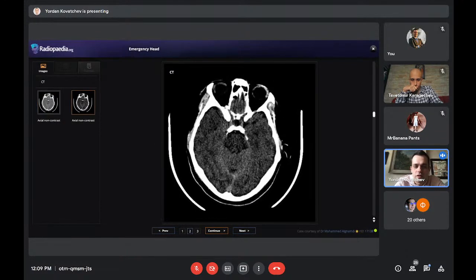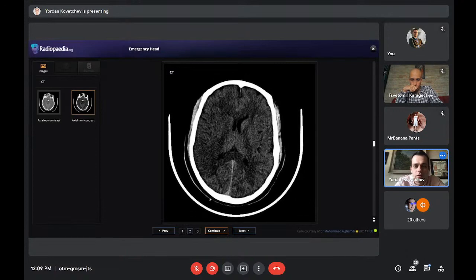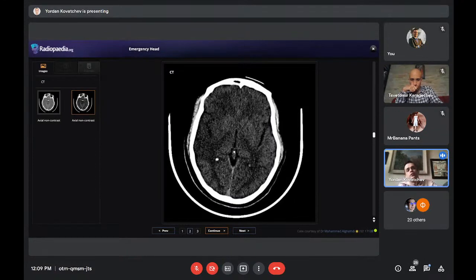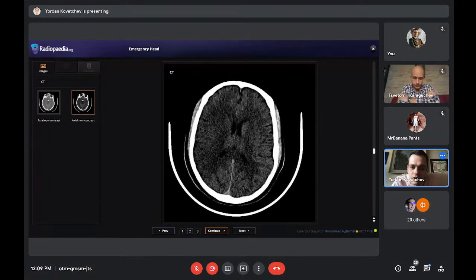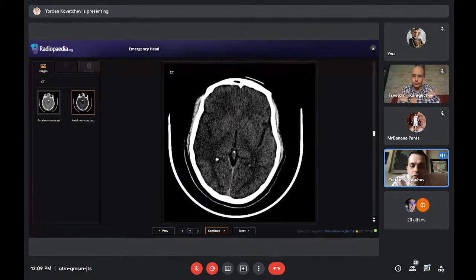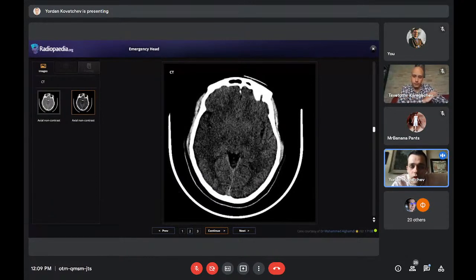So I change the settings in a way to accentuate the difference between gray and white matter. Because as I said, it's really a key concept that I want you to take out of this workshop, the gray-white matter differentiation. And in the stroke window, we can see it really well normally in a normal head.